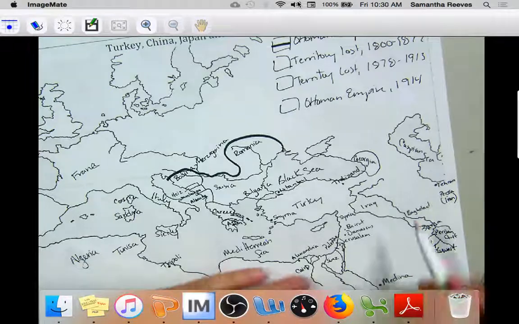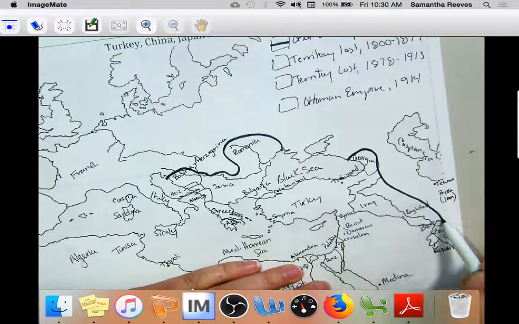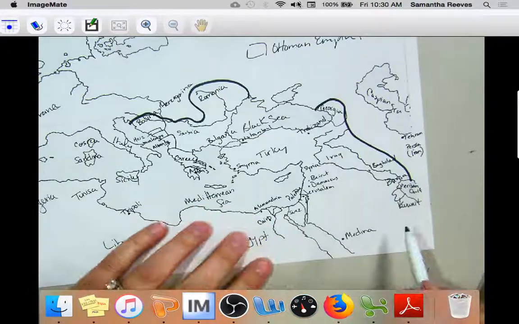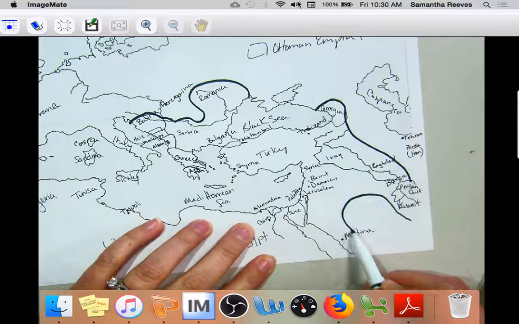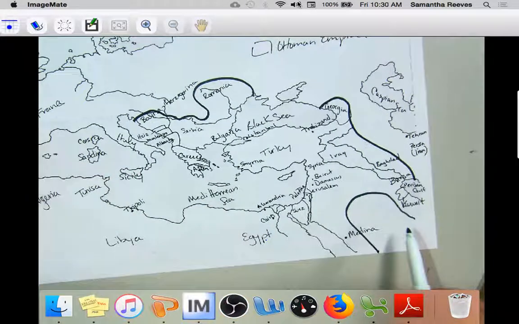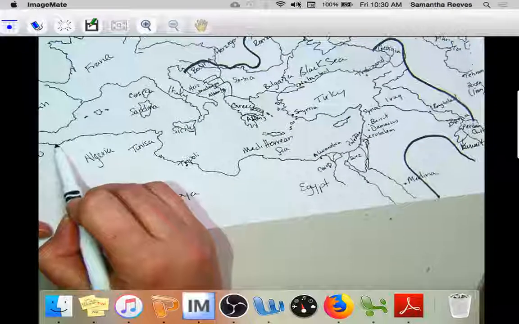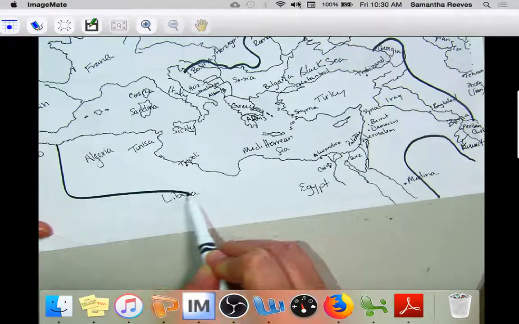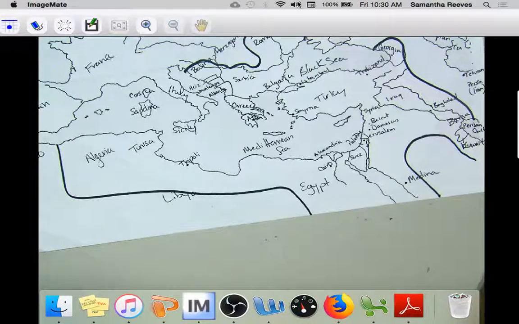That's your European boundary. Remember, I'm not expecting perfection. I am expecting an attempt. There we go. So, large or small?